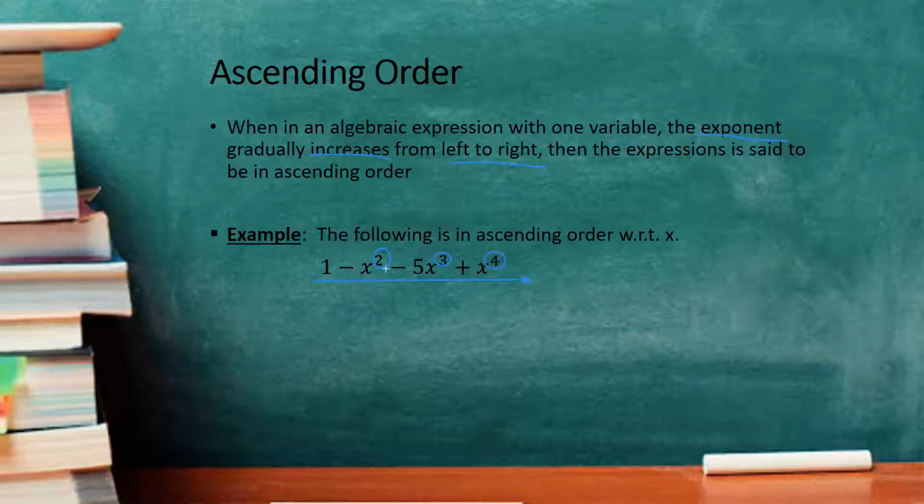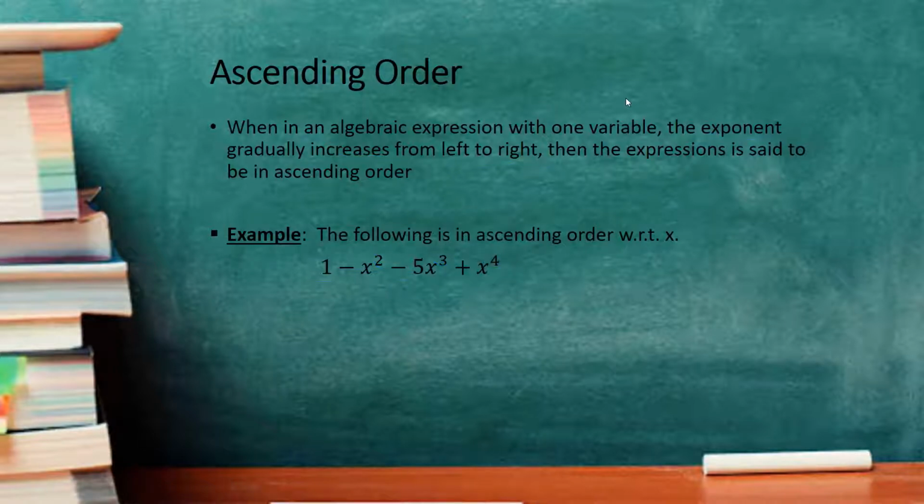So the degree is increasing. Please don't check the coefficients. Coefficient means the term which is written with x. So the degrees means power. We have to check the powers. Powers are increasing. It means it's an ascending order.